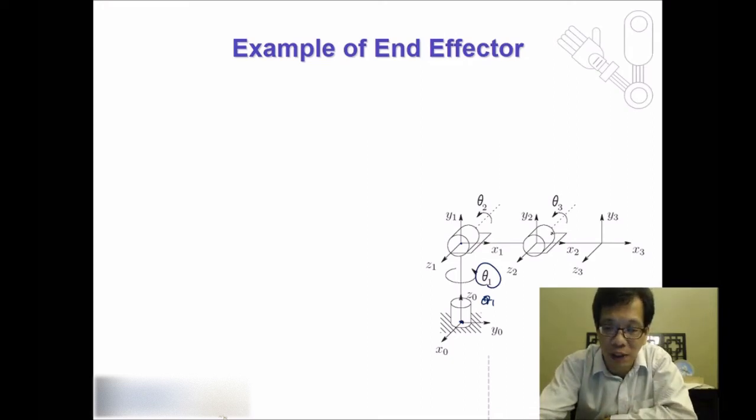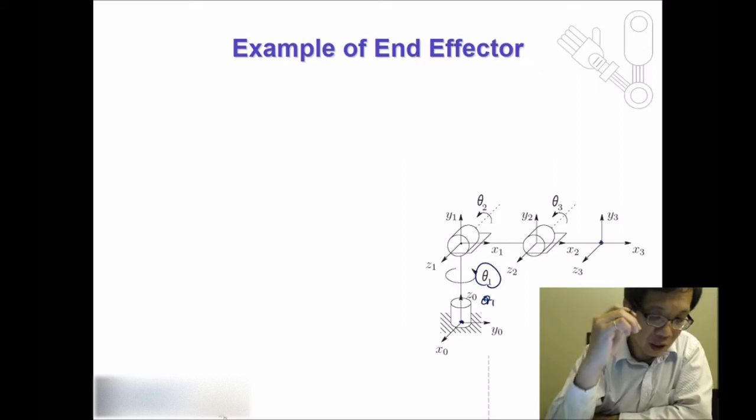For this one over here, it is using the same direction as x1, y1, z1 as the coordinate system over here, which is x2, y2, and z2. But when this starts to move, this joint over here is going to be rotated about the z2 direction with a variable theta 3. Then this is going to be my n vector.